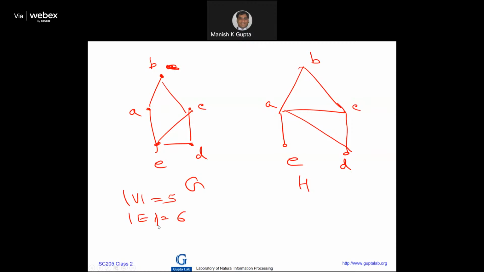My question is, are these two graphs isomorphic? Any idea? Any great thinker? Whether these two graphs are isomorphic?